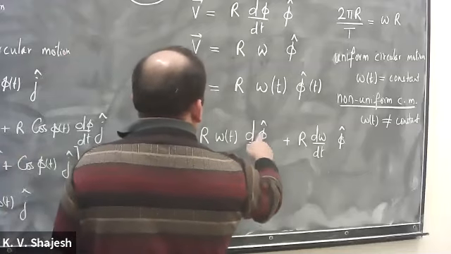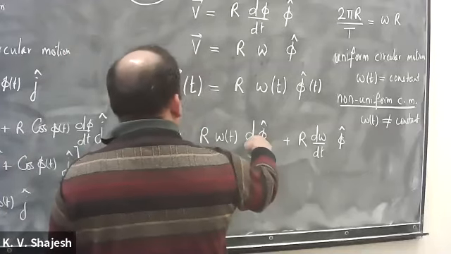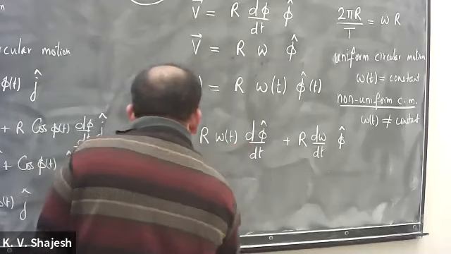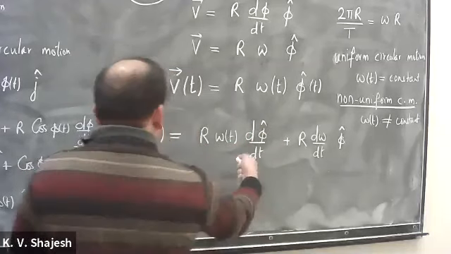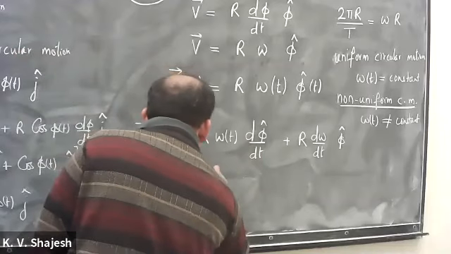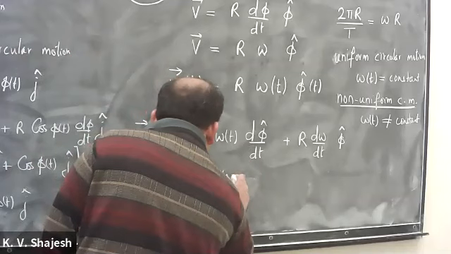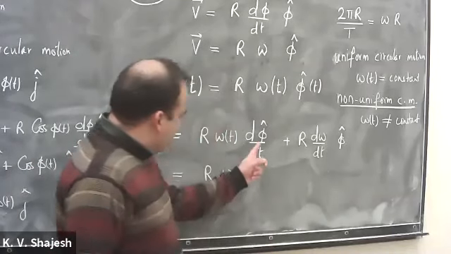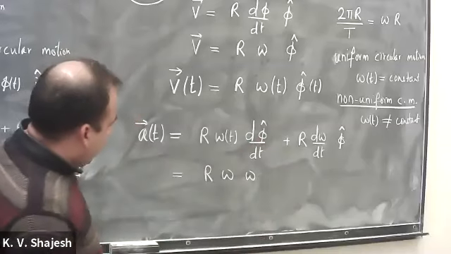This, remember, was cosine, and this was a minus sign and a cosine phi. Again, I will get a chain rule. I'm jumping a step here, but I can clarify that again if necessary. So there will be r, there is already an omega there. There will be another omega, that is d phi by dt, coming from the derivative of phi.